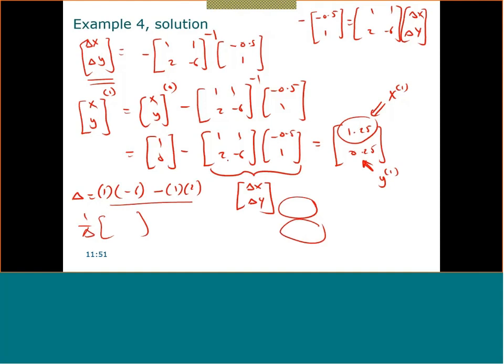So if you just look into your notes on how to find a 2 by 2 matrix inverse, it's very straightforward. The question is not how to find the 2 by 2 matrix inverse, it is how to find a 3 by 3 or 4 by 4. This is the challenging one. 2 by 2 is straightforward. You can easily do it. We will see how we will handle higher order equations.